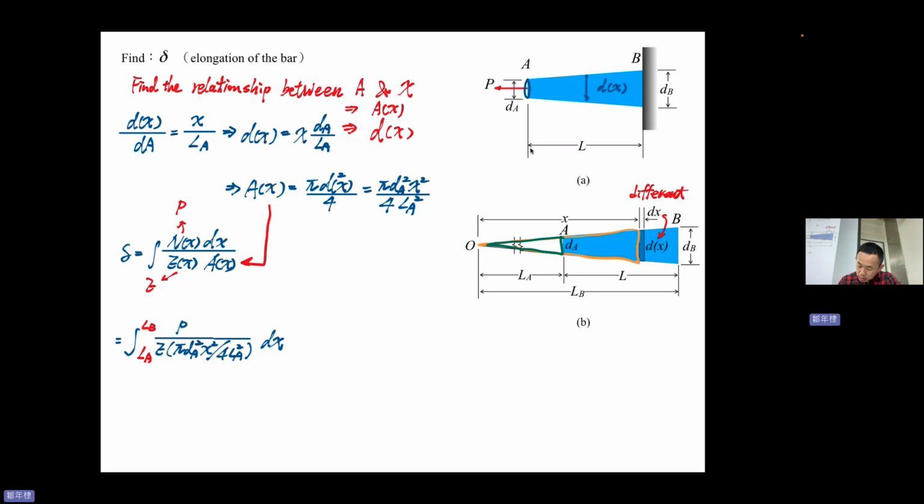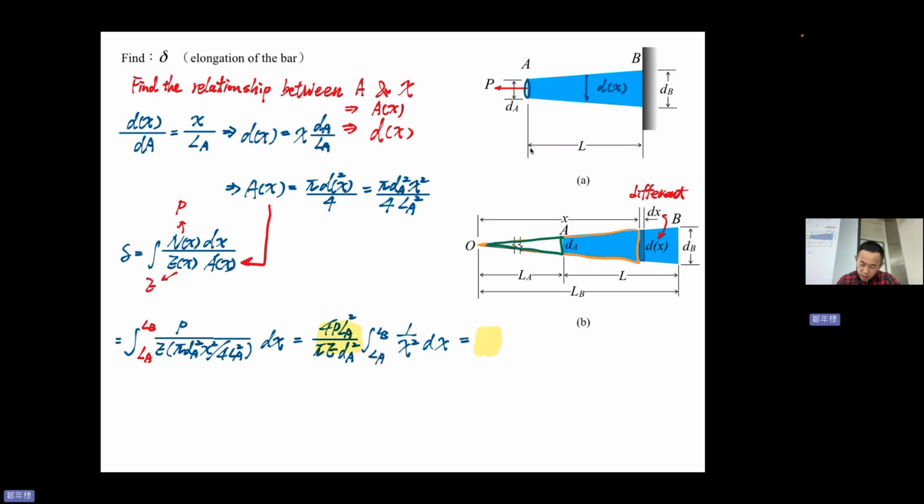Then equal to 4PLA divided by 2 divided by pi E dA square, integral from LA to LB of 1 over x square dx, and equal to, okay, this is a really big value.